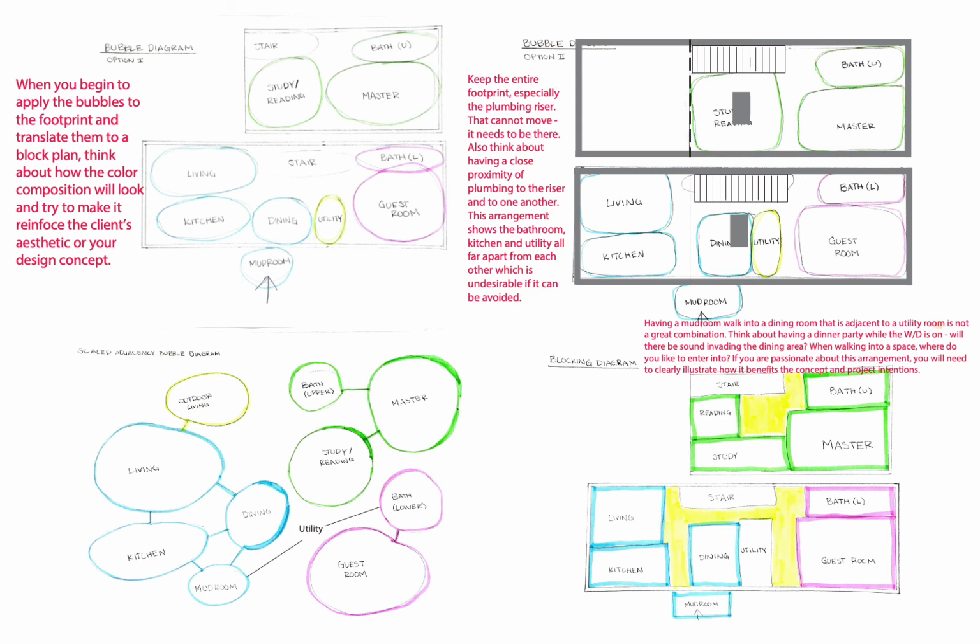Because the adjacency matrix and the bubble diagrams before this were sort of removed from the footprint, from the actual design, but now we're bringing them into the confines of the actual shell of the space. So we're starting to see those colors in the space. Not that they need to be the color palette, but they are framing it, so they're making it more obvious.